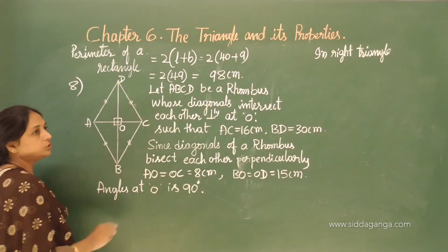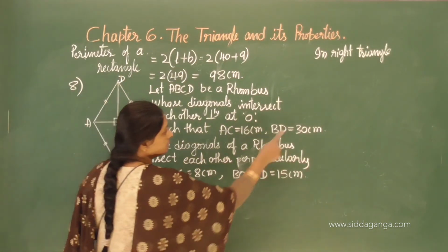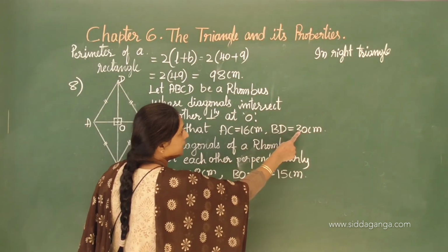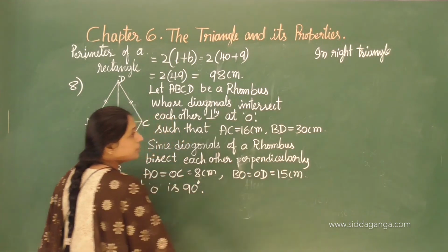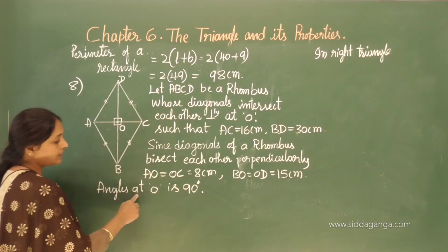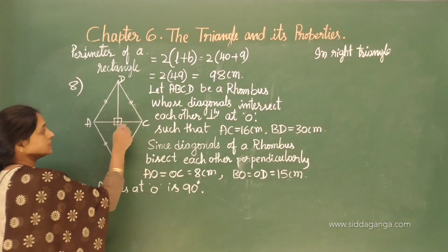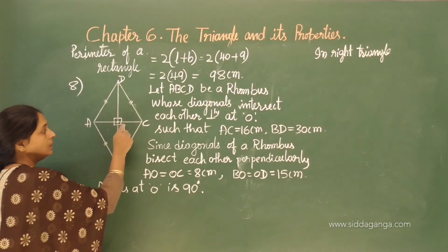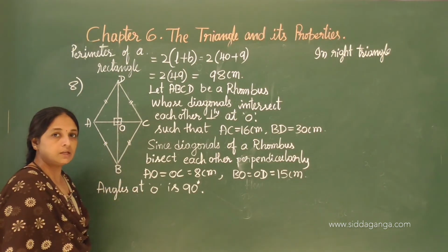BO is equal to OD, divide 30 by 2, we get 15 centimeter. And the angles at O are all equal and they are all 90 degree.